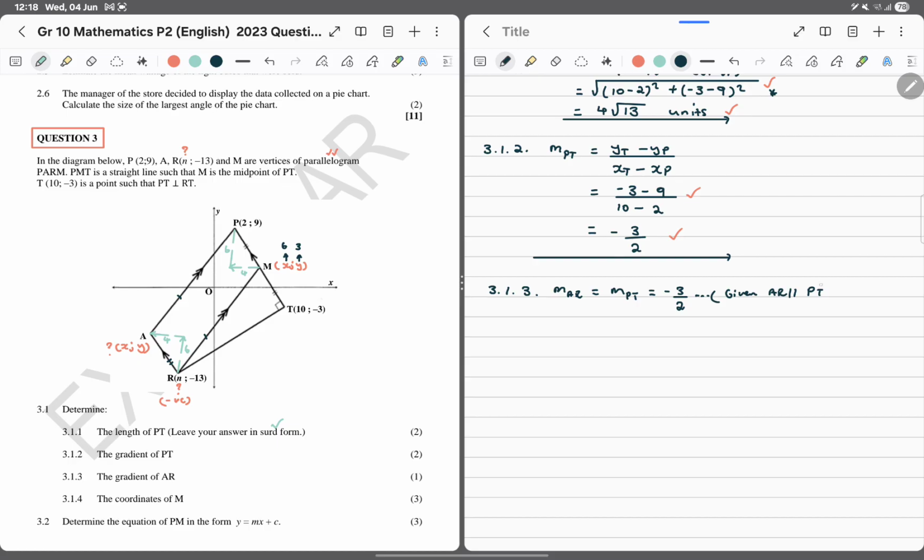Right? The annotations told us so. So we know parallel lines have equal gradients. I think the mark is more on the reason here, because the value itself is already marked above. And this is just for us to repeat it.